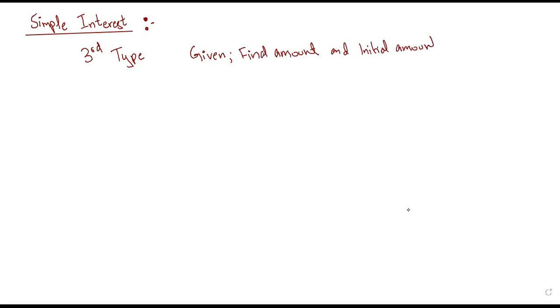So in these questions, you would have the final and initial amount, but you will do some working in order to calculate the interest rate, because that would not be given in these questions. Okay, so let's get started.